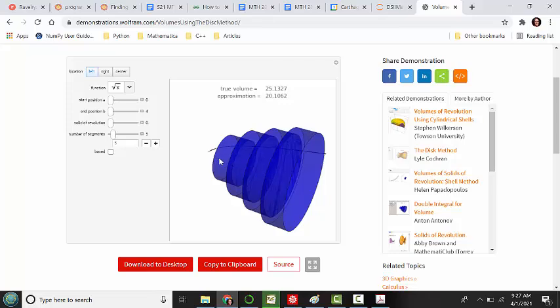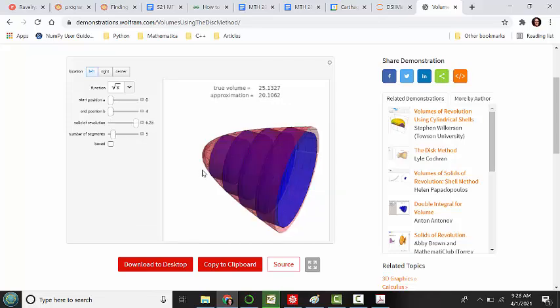To see how these cylinders approximate the solid of revolution, we can now actually rotate our curve, and you can now see the blue cylinders all sitting inside the red bowl-like object that we've seen, and you can see the way in which those cylinders approximate the volume of our entire shape.